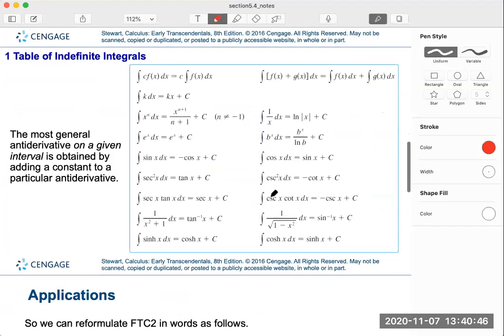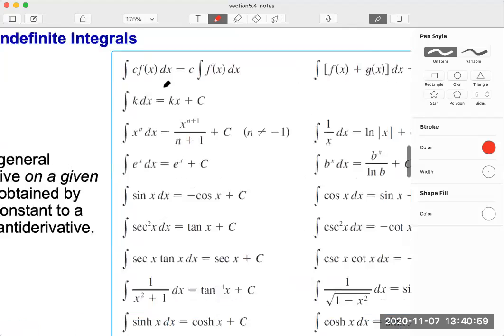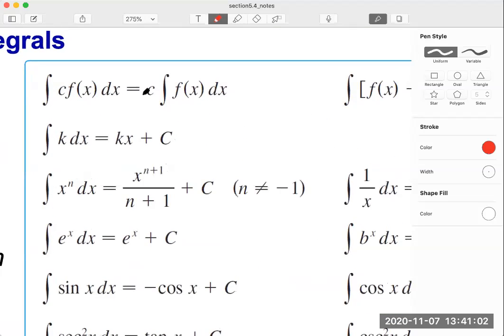Now, this is a table of formulas for the antiderivative of a given function. The first formula here: if c is a constant, then the integral of c times f is c times the integral of f of x, or the indefinite integral of a number k would be kx plus c, right?